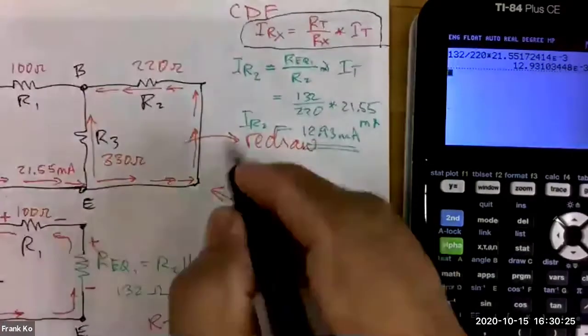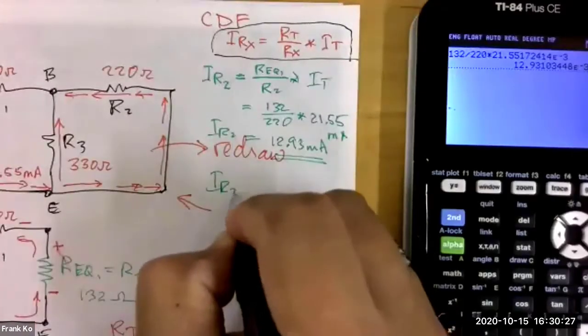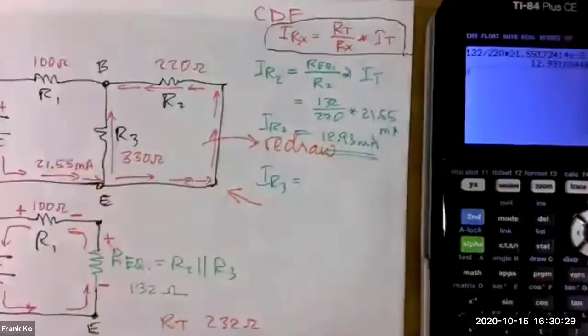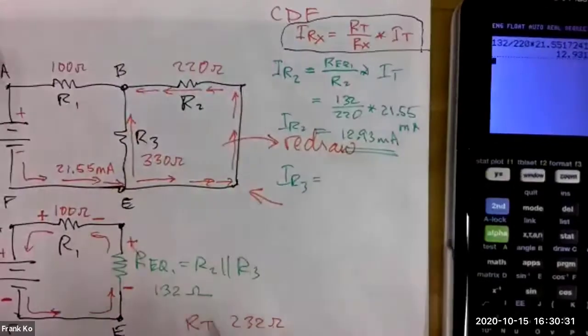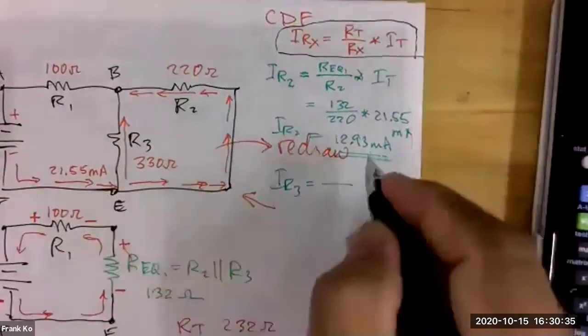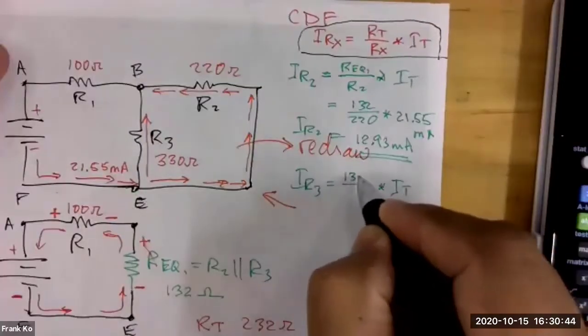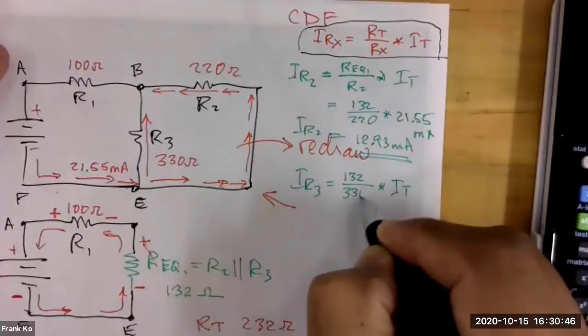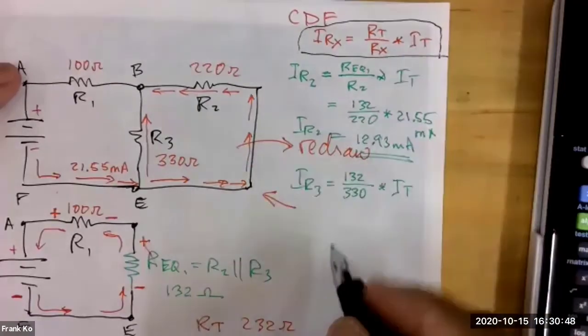We need one more current. We need an IR3. How do I set up the formula for IR3, Jackie? What terms do I use in the numerator and denominator? You would use 132 over 330. 132 over 330 times my 21.55.